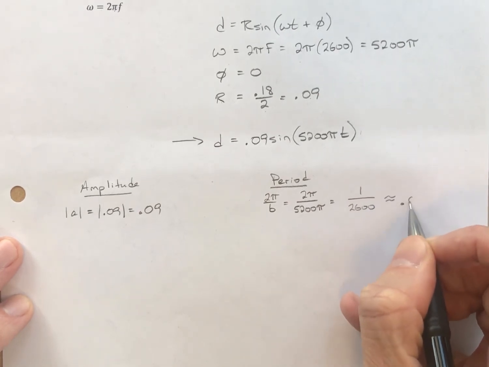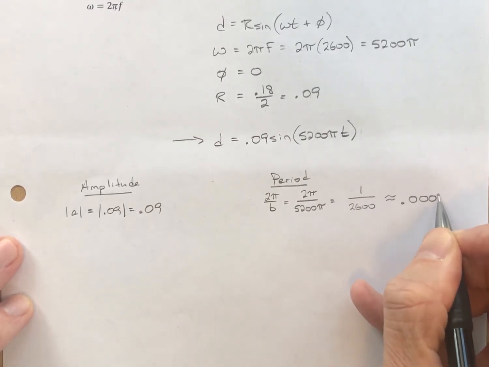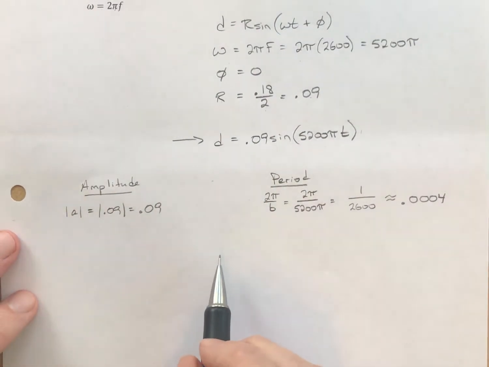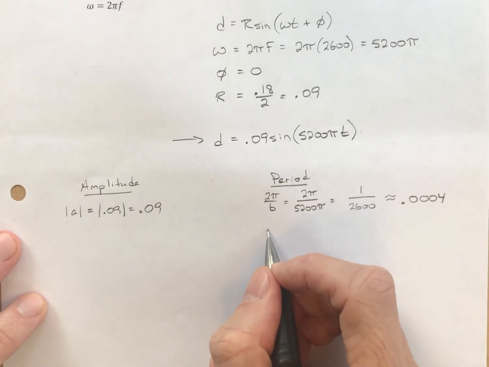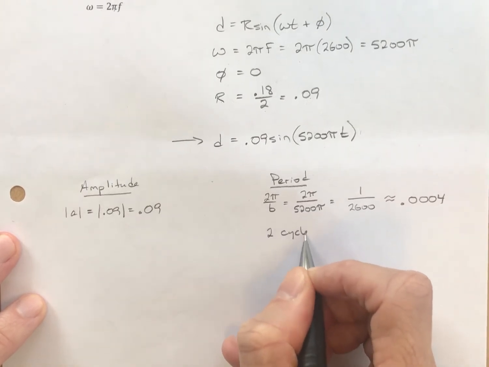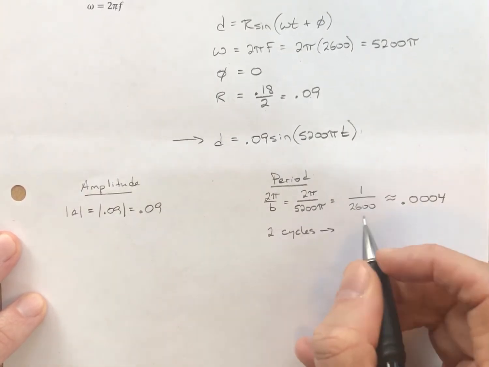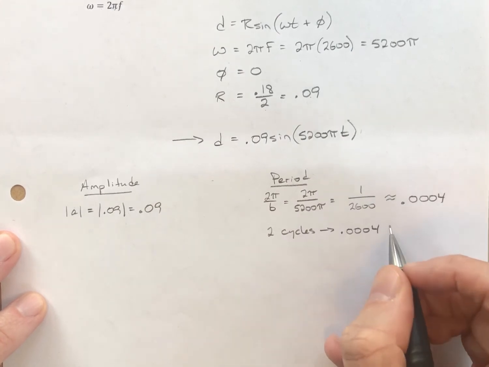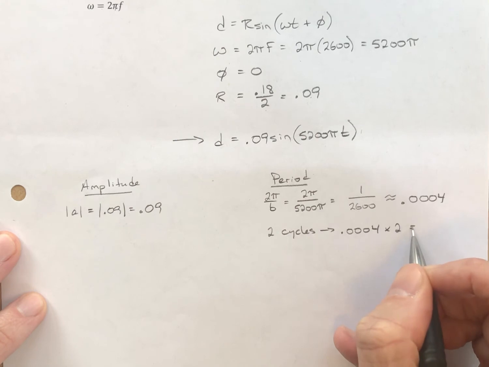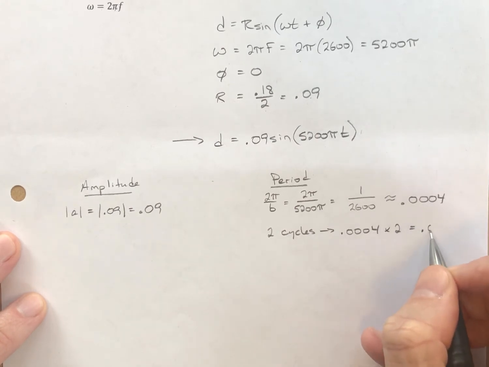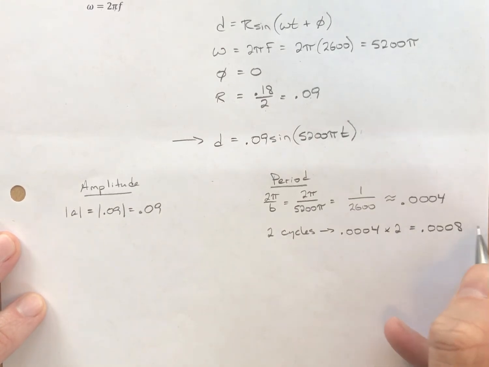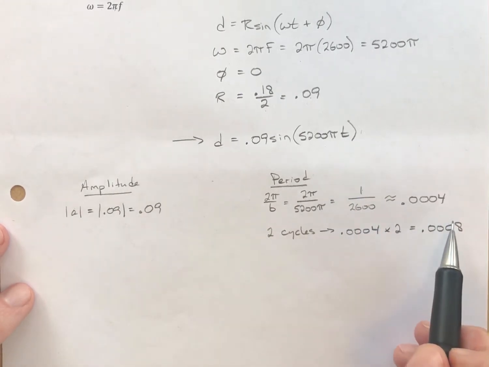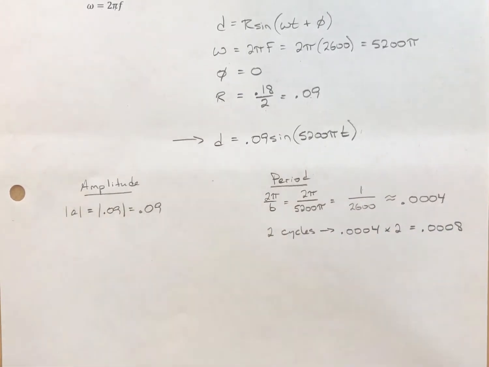That's approximately 0.0004. However, it's said to sketch 2 cycles. So for 2 cycles, I'm going to use decimals for this one, as opposed to those fractions. It is approximately 0.0008, which of course is 2 over 2,600 or 1 over 1,300.